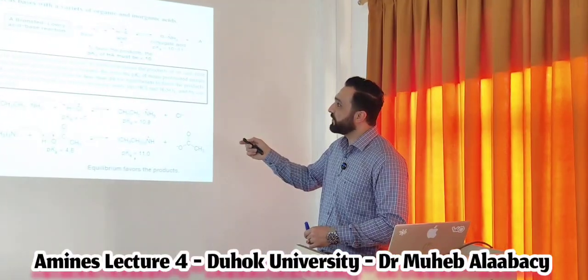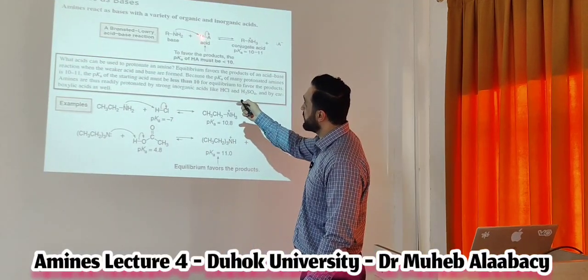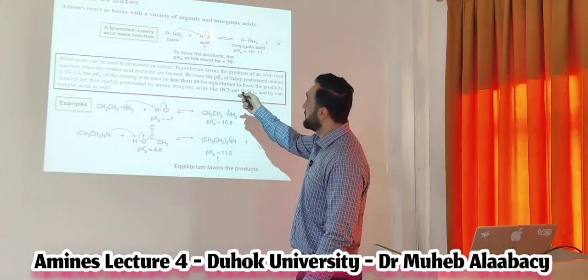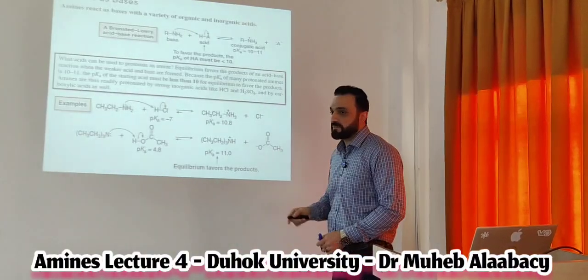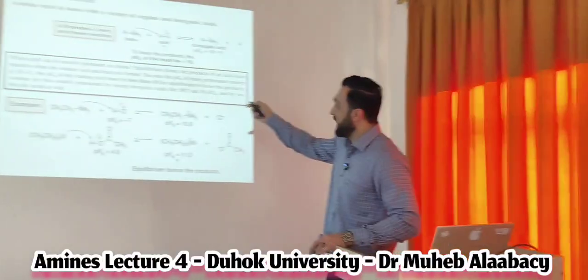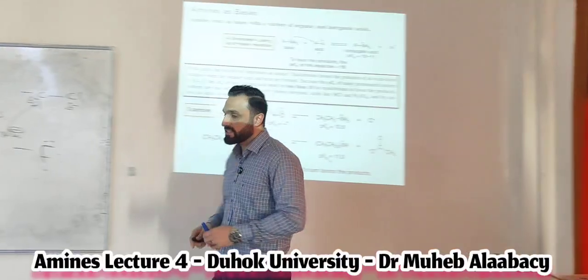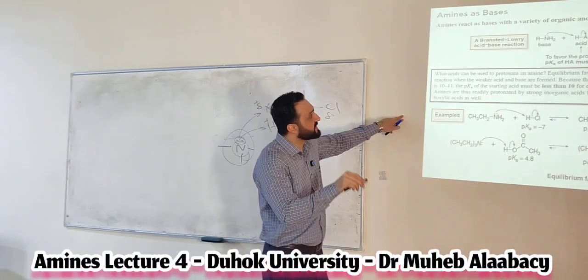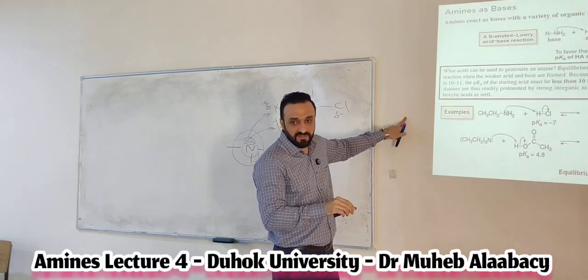That means the lone pair of electrons attacks the proton, and the bond between the proton and the neighboring atom breaks to give you the conjugate base. A base gives you a conjugate acid, and an acid gives you a conjugate base. This is an acid-base reaction. What acid can be used to protonate an amine?